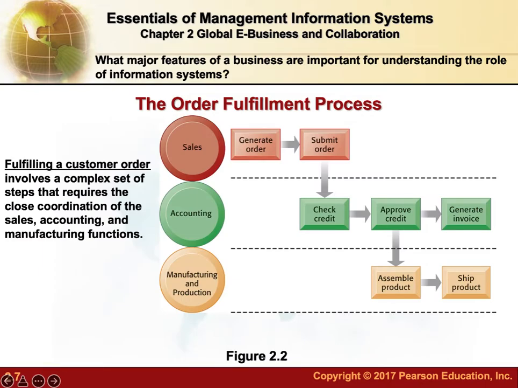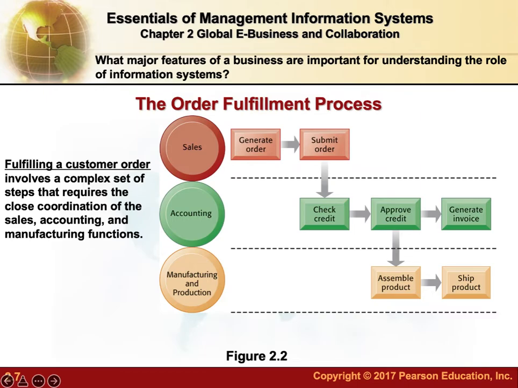So in order fulfillment, here we see the flow chart where sales are being generated and being submitted, and credit has been checked upon, approved, and invoice generated, products to be shipped, okay, as they flow through the different departments.